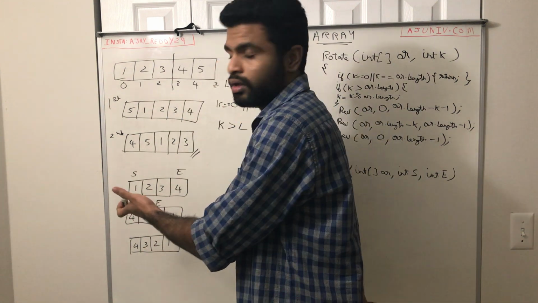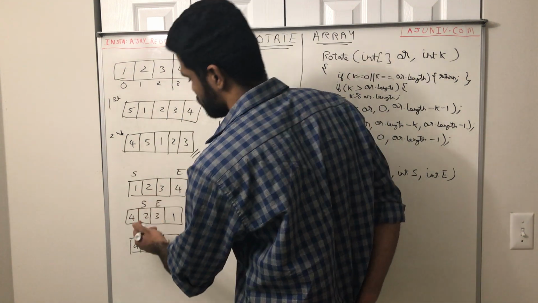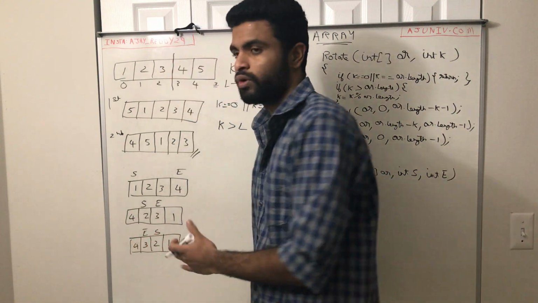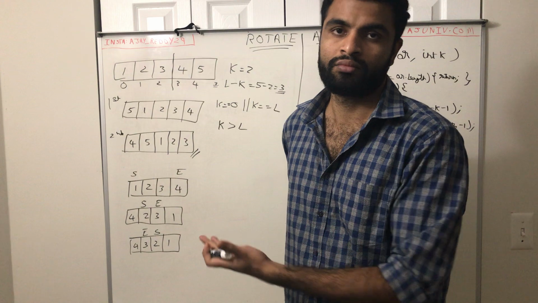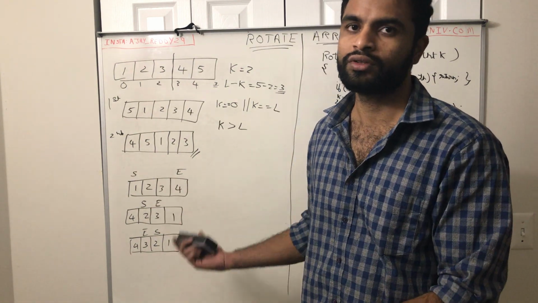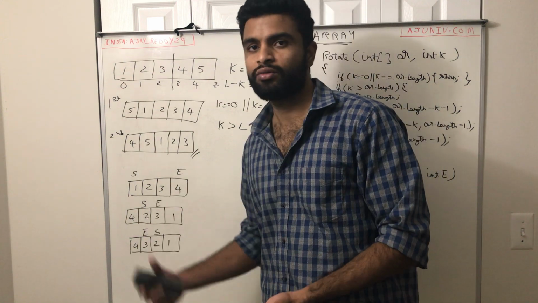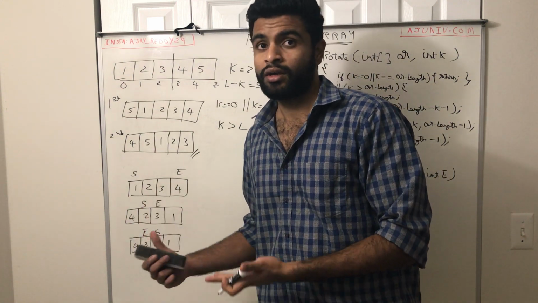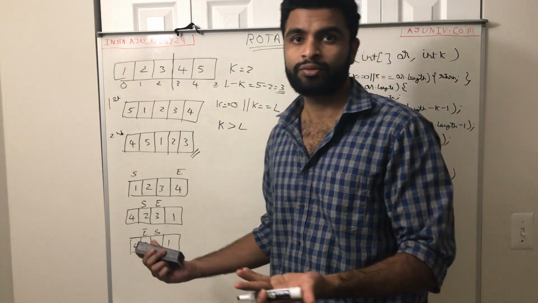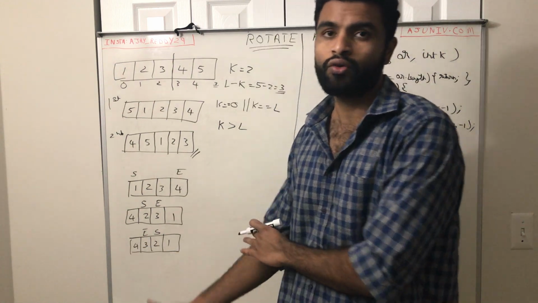Now again you will increment start, that will come here, and you will decrement end, that will come here. Whenever start is greater than end, that means the reverse operation on the array is done. So you have to stop the operation there. That way you can actually reverse an array in linear time with a space complexity of big O of 1.